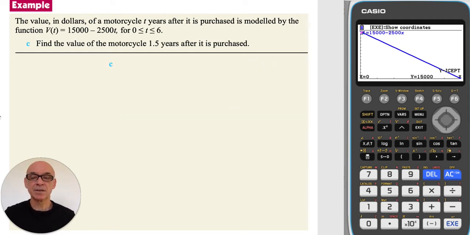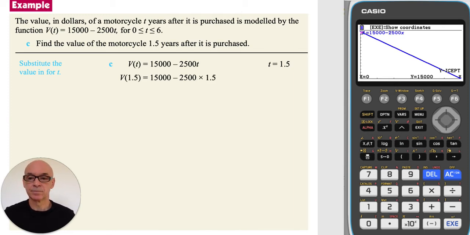In part C, we're asked to find the value of the motorcycle 1.5 years after it is purchased. So we need to replace t with 1.5 in performing the calculation.